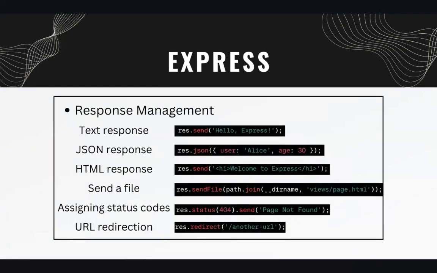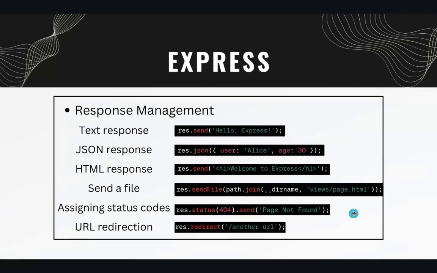Express enriches the raw response object of Node.js. The res object is your gateway to formulating the HTTP response. Here are different ways to send responses. There are text responses with simple send, JSON responses with res.json, HTML responses that pass HTML as the parameter for send, or send files with res.sendFile.